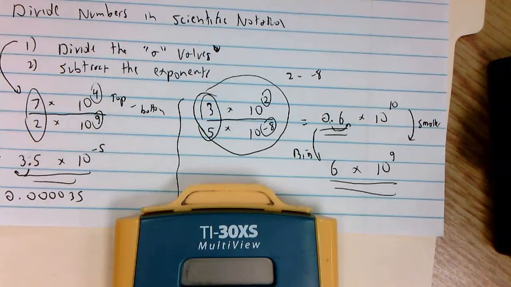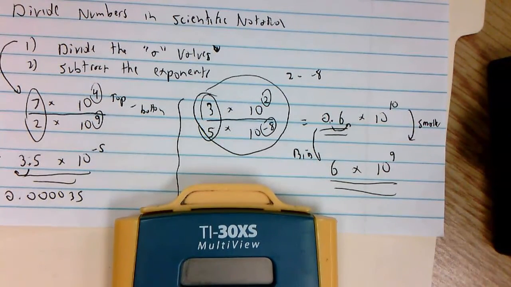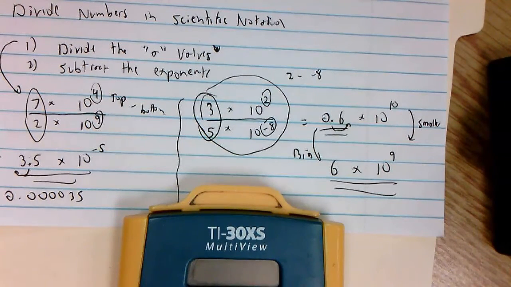So this first number is 3 times 10 to the second power, would look like that, in parentheses. And I'm dividing that by, and I want to put the second number in parentheses, 5 times 10 to the negative 8th power.